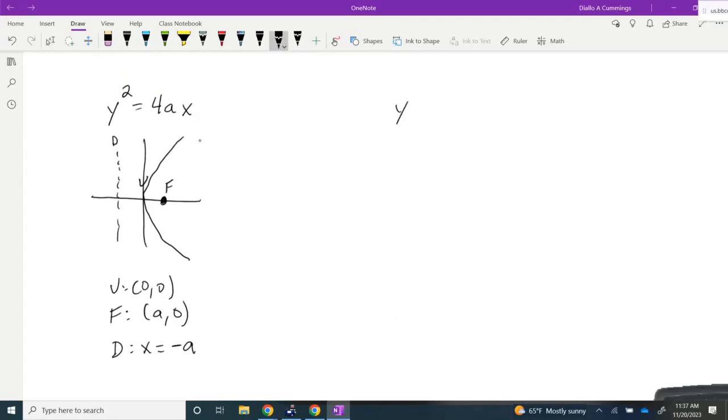So now here's the last model form. y squared is equal to negative 4ax. Since the coefficient for x is negative, when we graph it, it's going to have the reverse C shape. The vertex is at (0, 0).